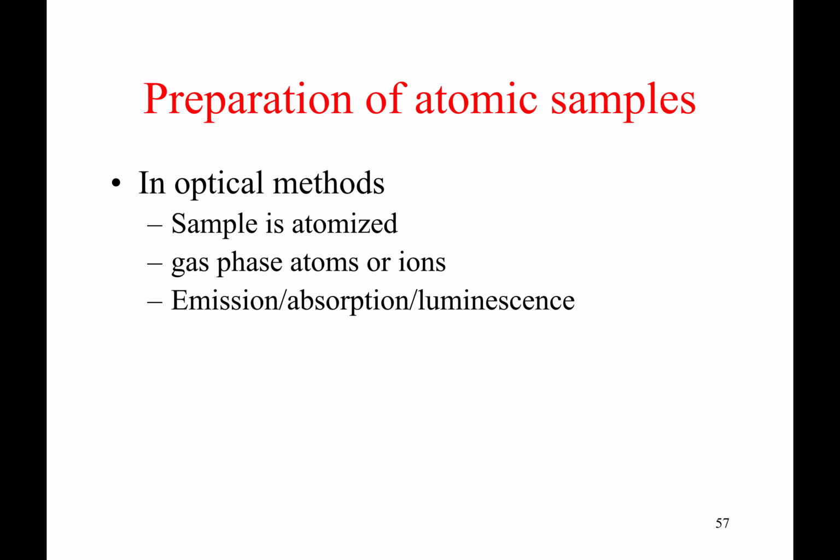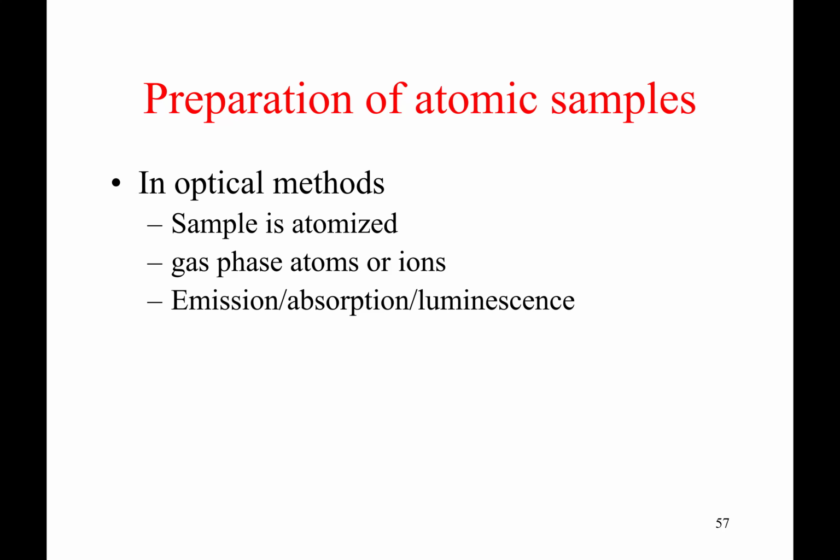That is, in each of these methods, you have to prepare your sample. In optical methods, prepare your sample. You have all done this in optical methods. Your sample is atomized in atomic spectroscopy, and then you have gas phase atoms or ions, but more specifically, we need atoms in AA.